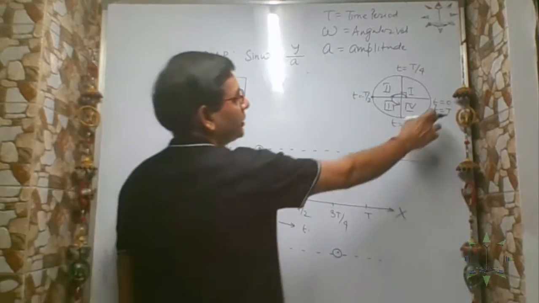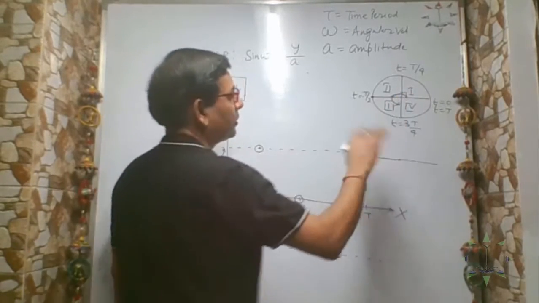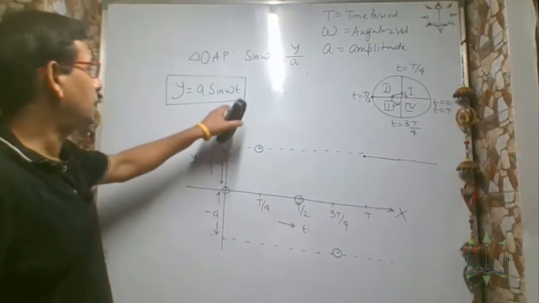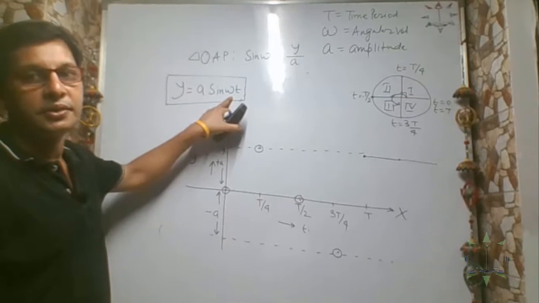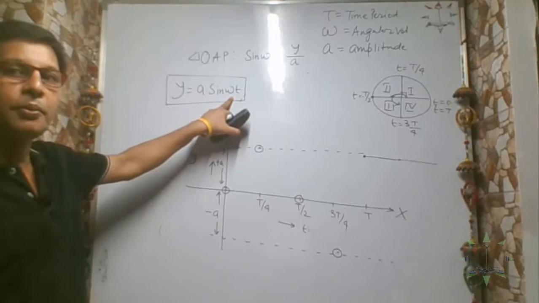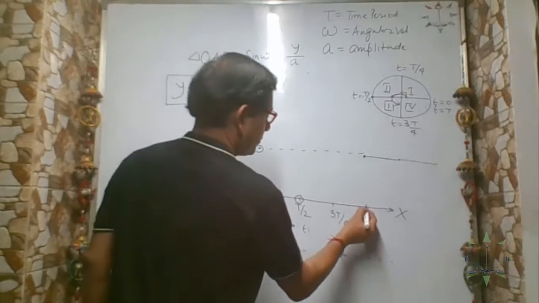And at t equal to T, the complete time period, y equal to 0 because it has come back 360 degrees. Sin 360 degrees, that is 2 pi, any multiple of pi in case of sin is 0, so this will be 0.